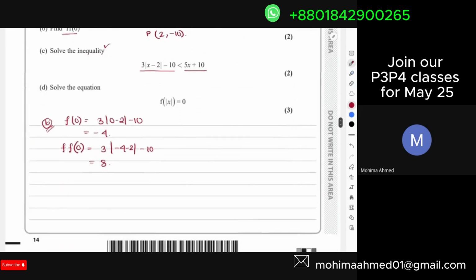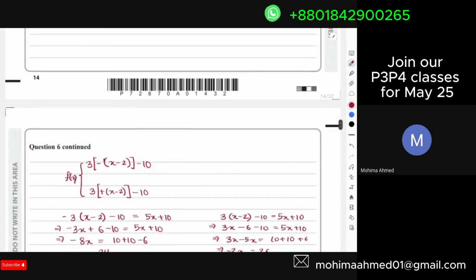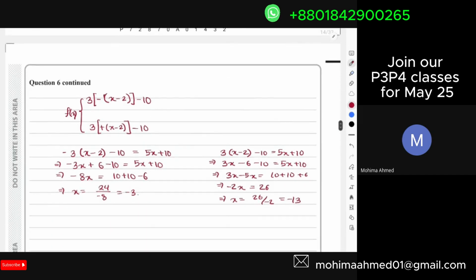y is equal to 5x plus 10, right? So you have your 3x minus 2. Solve this inequality. Minus 3x plus 6 minus 10, then 5x plus 10.